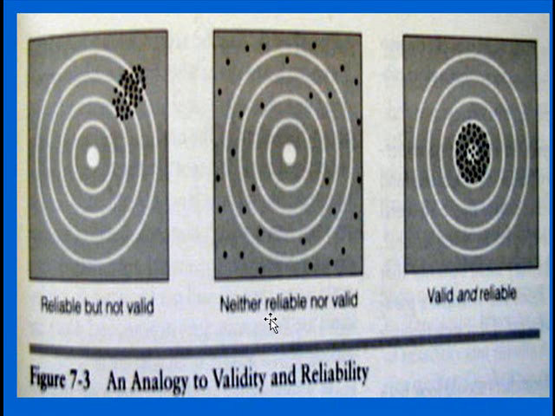So in our analogy, we would say that this shotgun is neither reliable nor valid. And on the third one, on the far right hand side, just as in the first one, the shots are reliable, they're consistent, but they're also accurate, or valid. So this is an example of a valid and reliable measure.